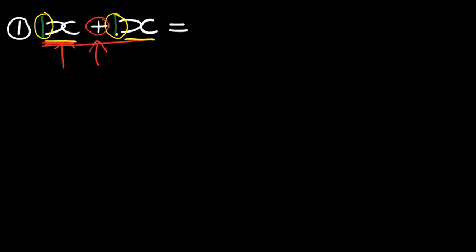The numbers we call constants. So we're going to add the numbers when we're adding variables that are exactly the same. So it's 1 plus 1, and that's 2, and we keep the x as it is. And the other way to remember it is we only add like terms.